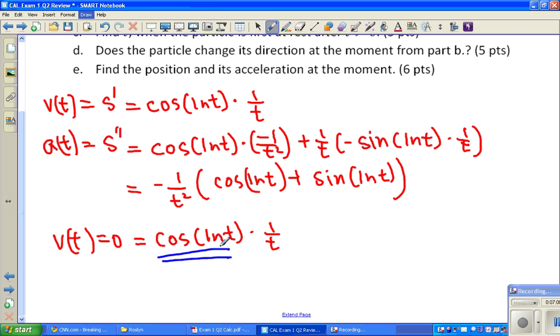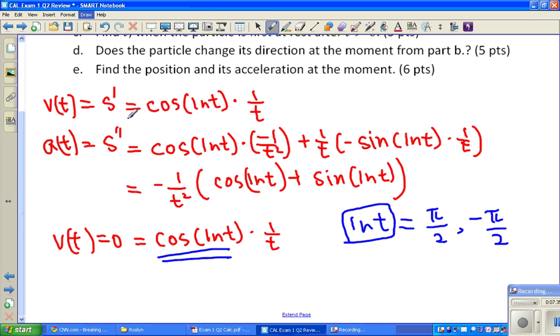Cosine can be equal to 0 among many values, but as you can see, the ln of t can technically be pi over 2, or in fact it can also be negative pi over 2.